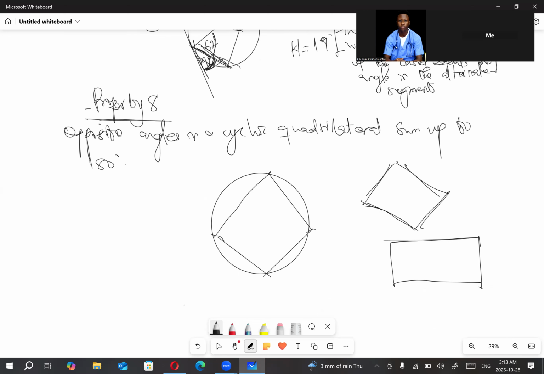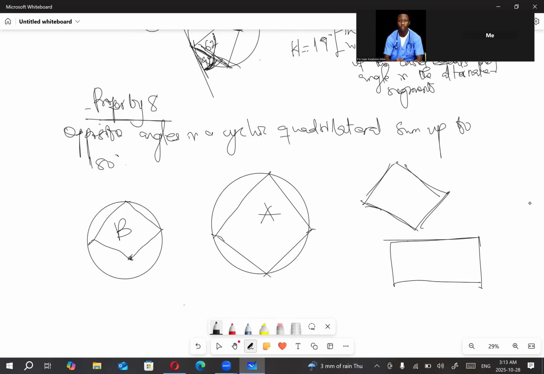Now, I'm going to give you one other scenario so you can appreciate why diagram A is cyclic. You have to take what I'm doing here very seriously. Now, diagram B is a quadrilateral. It's not cyclic. Many years ago, I asked one of the old students to explain, and the student used the word flow, and it made a lot of sense.